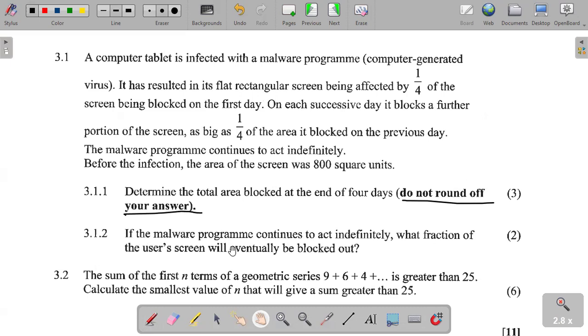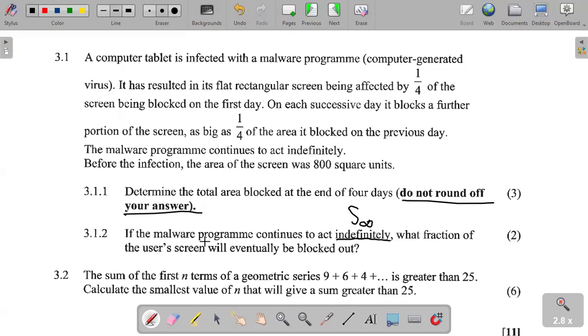If the malware program continues to act indefinitely, what fraction of the user screen will eventually be blocked out? If they say indefinitely, the key word here is indefinitely. What does that mean? It means that it's the sum to infinity. So they're not saying that it's going to stop at some point.